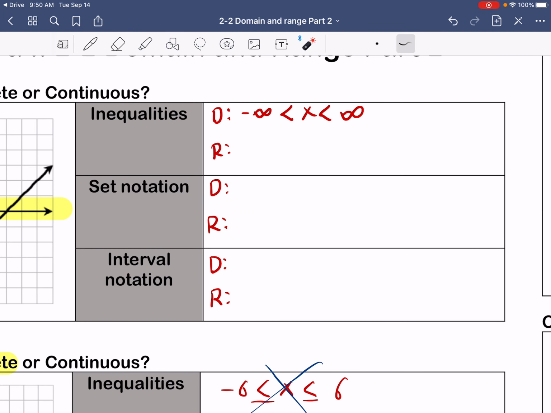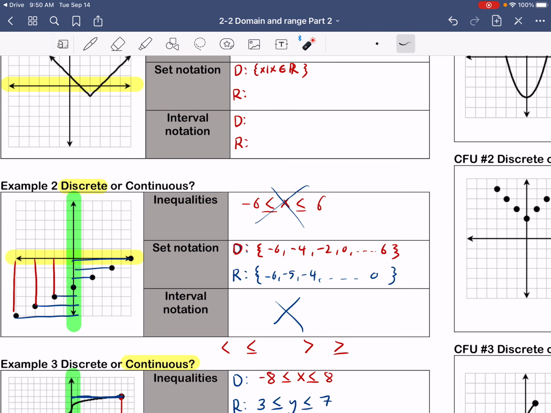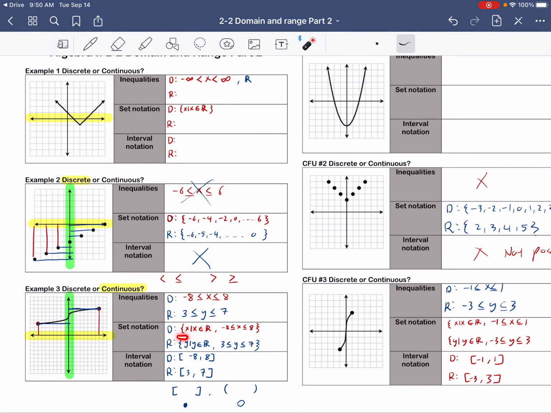How can I write this one in set notation? X such that X is part of the real numbers, and that's it. Oh, by the way, I forgot to say it. Mathematicians do not want to write the infinity sign, so instead of writing this, you can just put R like that. Just like this one, I write until here, and I suppose to copy this one like this.